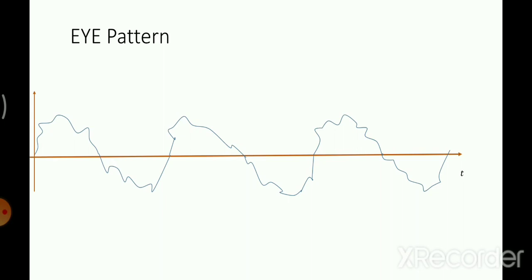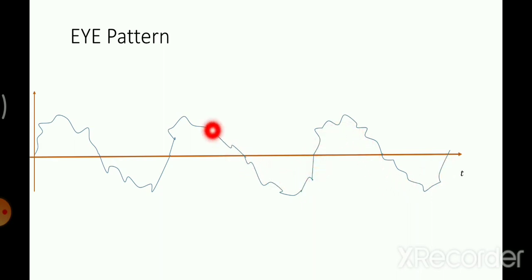All we are focused on is ISI, inter-symbol interference. But I'm representing here a signal which is distorted. Suppose this is a received signal, which is distorted because of ISI, and also it is coupled with noise, so it is not in a perfect shape.